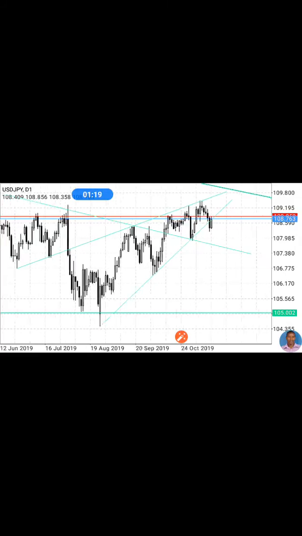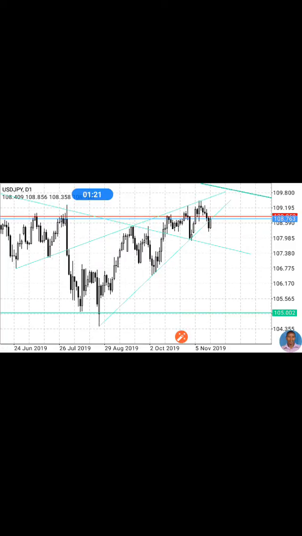To avoid confusion with these trend lines, I'm going to explain how I draw them and what name I'm going to give to this pattern on the display. First of all, we have this line going in this direction, and this line going in this direction, and these two lines are giving me something like a narrow wedge.